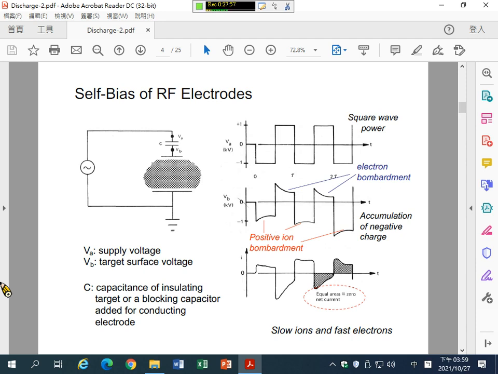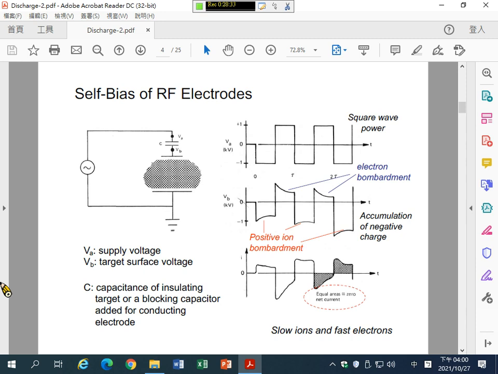So usually in the circuit, in the RF power supplies, and later on you will know, there is another hardware in the circuit, which is called the matching network. From the power output to a matching network, there is a large capacitor, and this capacitor is called the blocking capacitor.